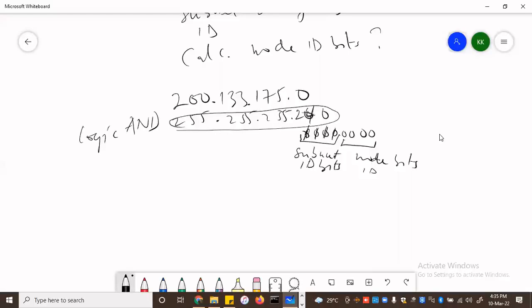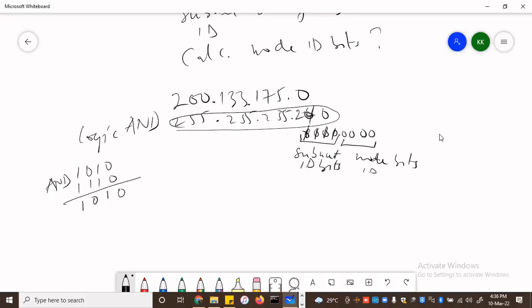AND means that to combine 2 binary digits, they both have to be 1 to get a 1. So for instance, if you use 4 bits, 1 0 1 0, and 1 1 1 0, and you bitwise logic AND this, it will be 1 and 1 is 1, 0 and 1 is 0, 1 and 1 is 1, 0 and 0 is 0. This is what the representation of AND means.